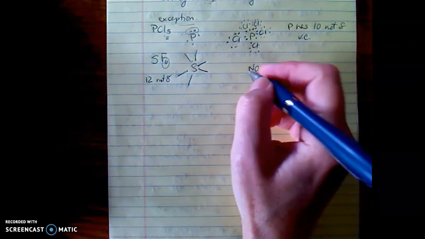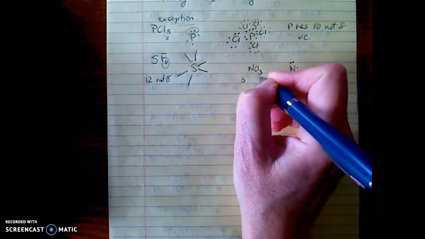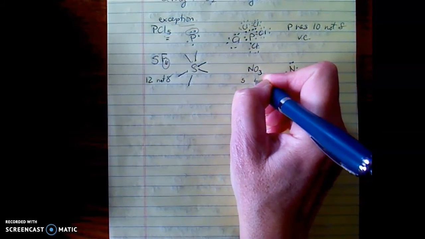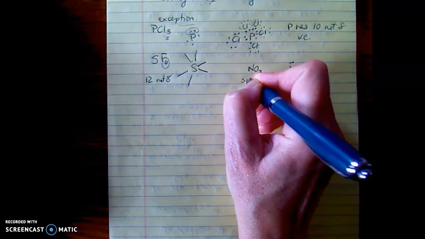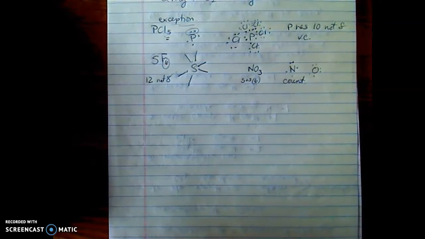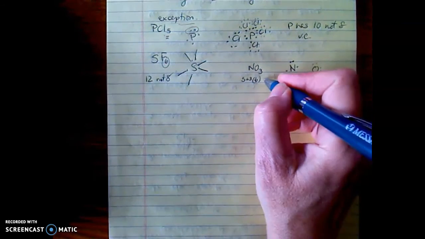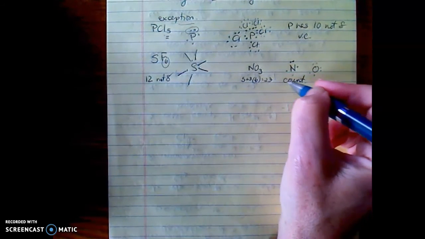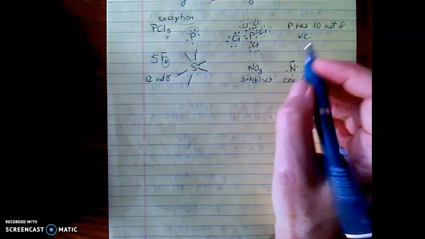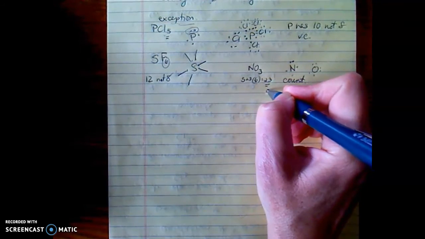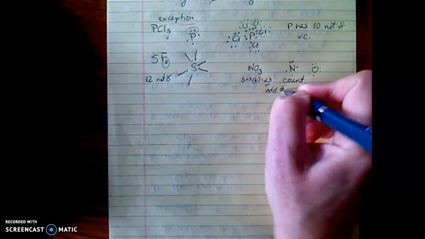Nitrogen has 5 valence electrons, oxygen has 6, and remember there's 3, so you have to add those together. So we're going to have 18 plus your 5, which gives us 23 electrons. Without even drawing it, I know that it's an exception because it has an odd number.